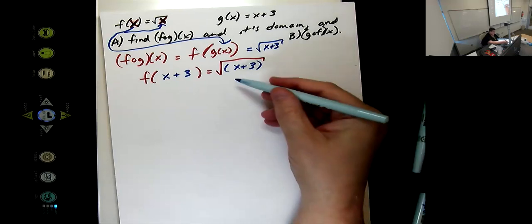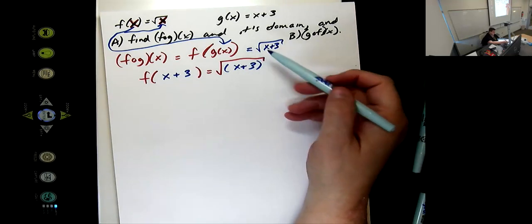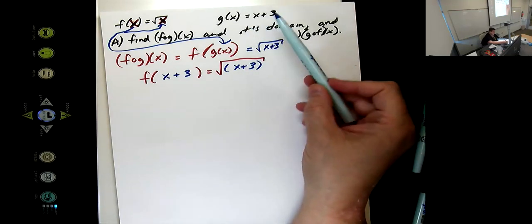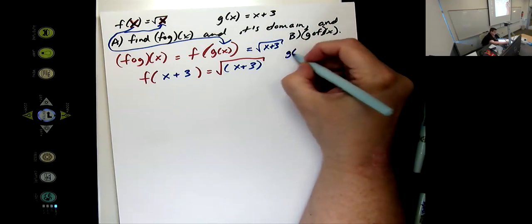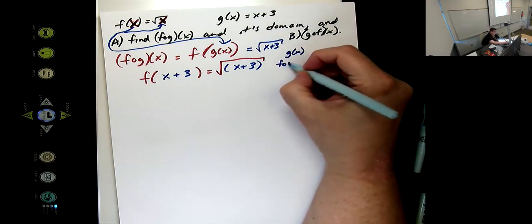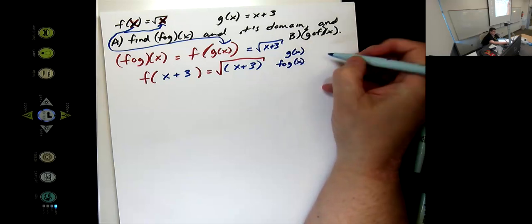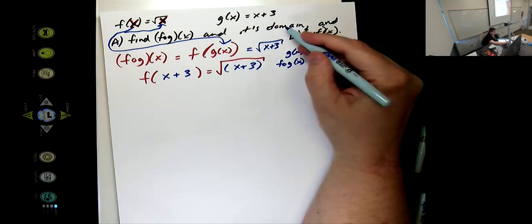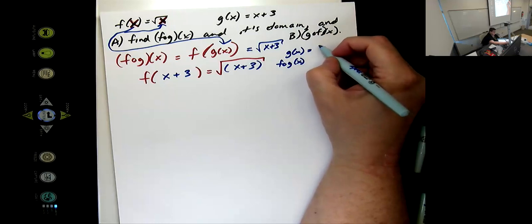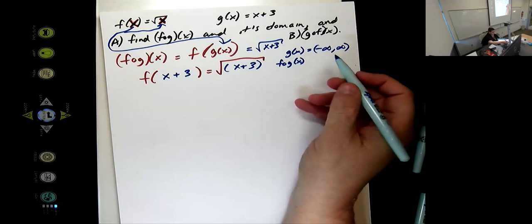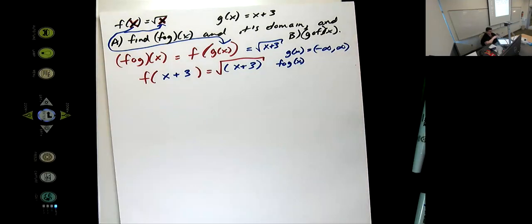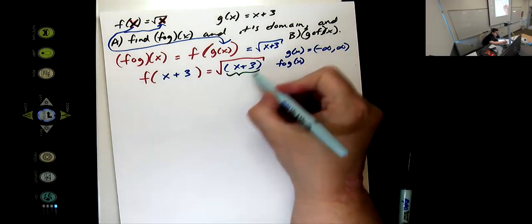Now we need to see where we check g of x's domain. We need g of x's domain and then f of g of x's domain and see the overlap. g of x is just a line, so this is all real numbers. This is a square root, so we need the inside to be greater than or equal to 0.